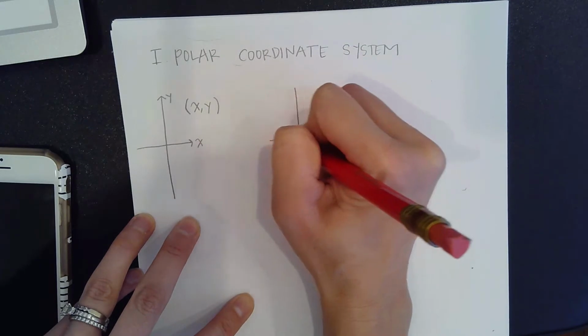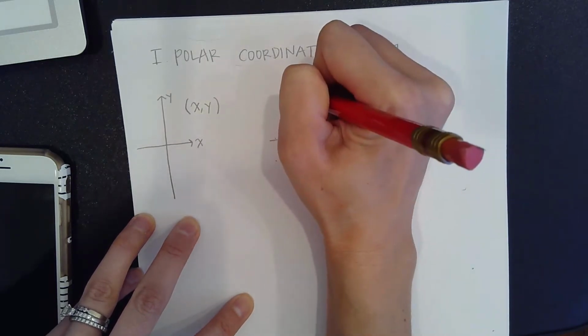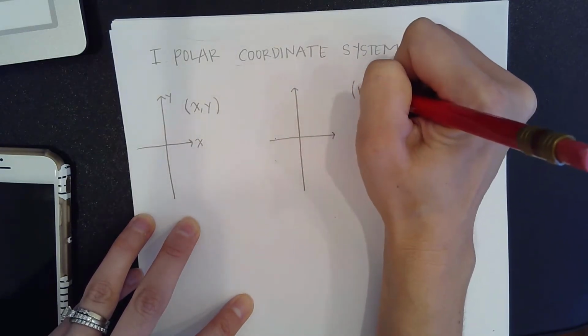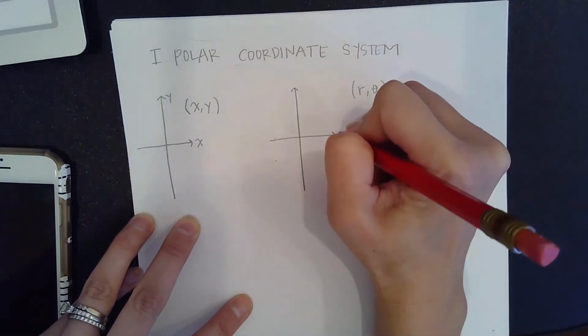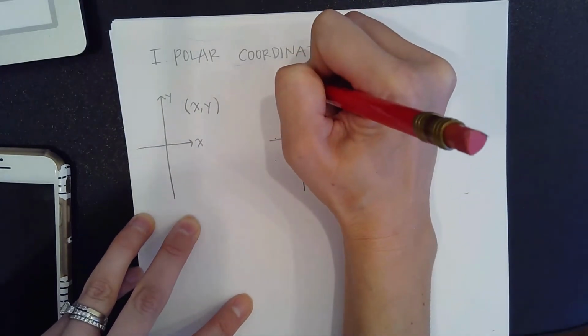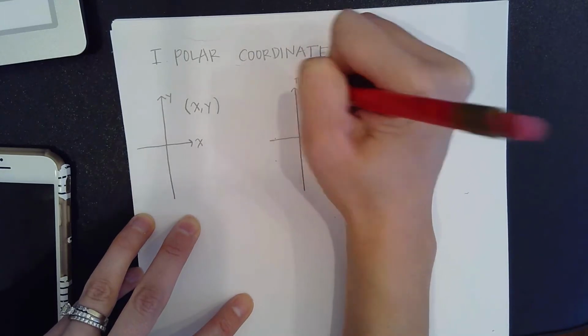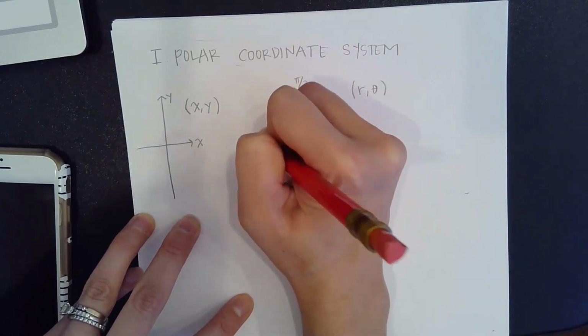With polar coordinates, you are going to have an r value and a theta value. The theta value is going to represent your 0, your pi over 2, pi, 3 pi over 2, and the values in between. It could be in radians or it could be in degrees.